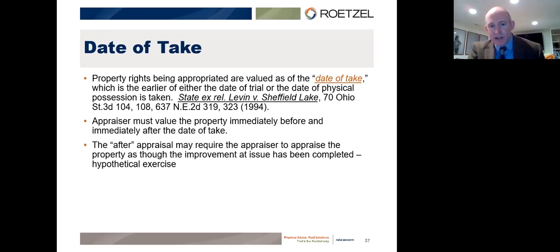What that means is the appraiser, when they're doing these appraisals, they do essentially two appraisals. So they do one that is the before appraisal, one immediately before the taking, before the date of take. And then they do another one, which is after the take, after the date of take. And then this is oversimplifying, but basically the difference between the two is what you're entitled to as a property owner.